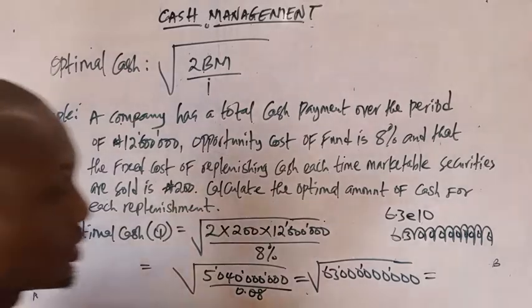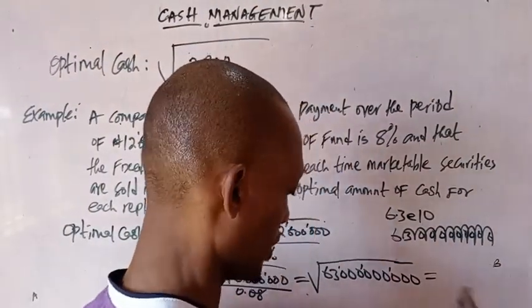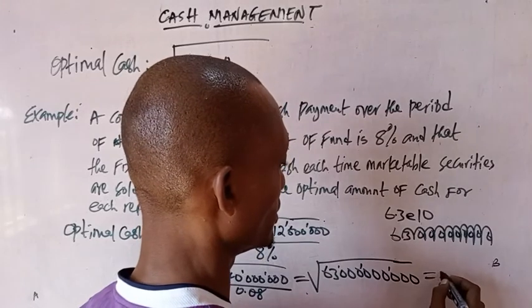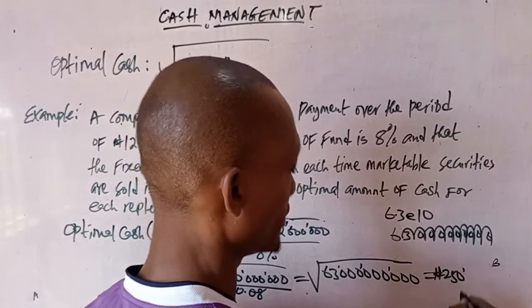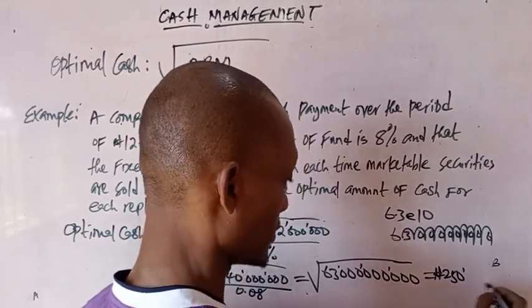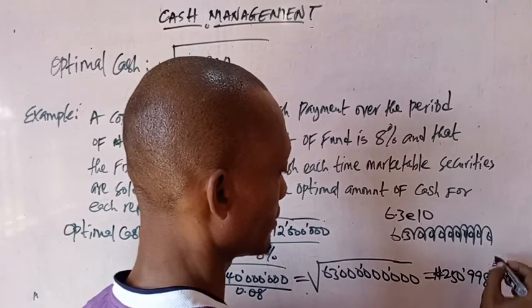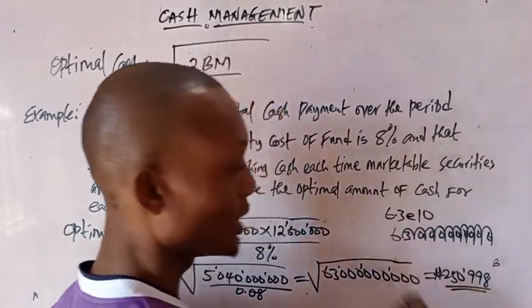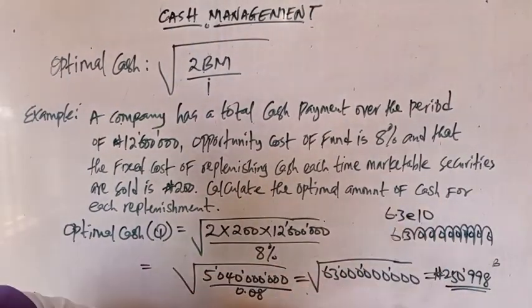You have it to be 250,998. So this is the optimal cash to have at any particular period of time. So you understand how I've gotten this.